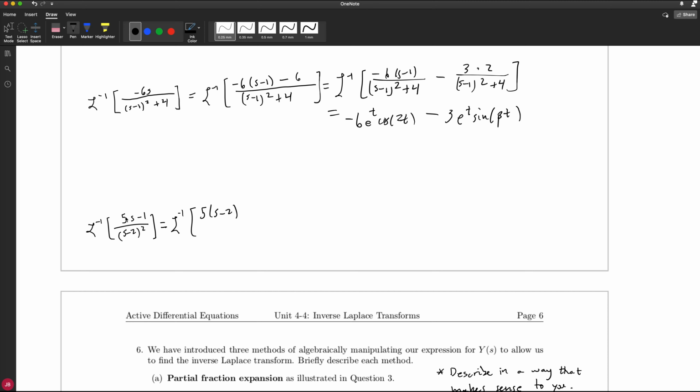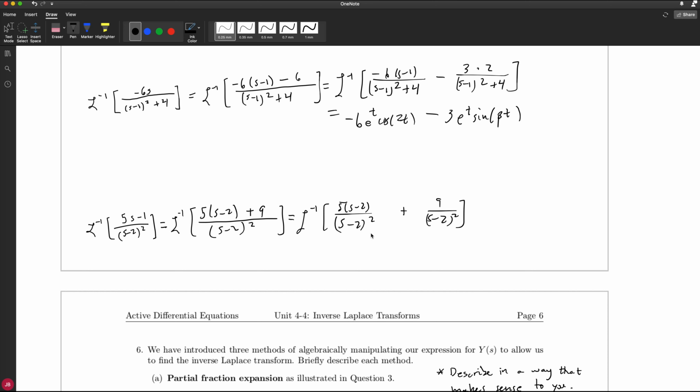My numerator has to be 5s minus 1. Right here it's 5s minus 10. So I think I need to add 9 back on, right? Well, this is the Laplace inverse of 5s minus 10 over s minus 2 quantity squared plus 9 over s minus 2 squared.